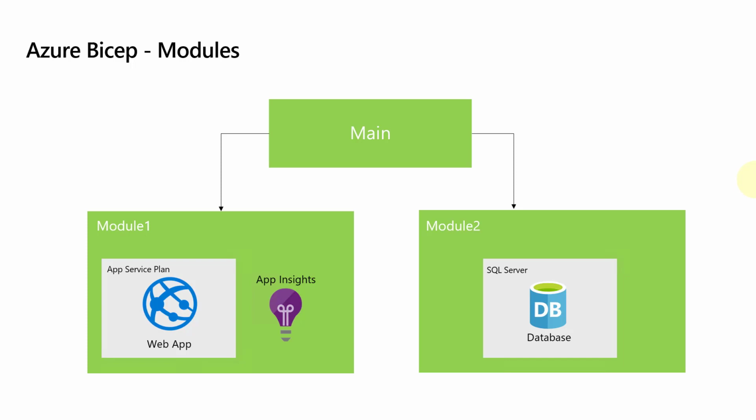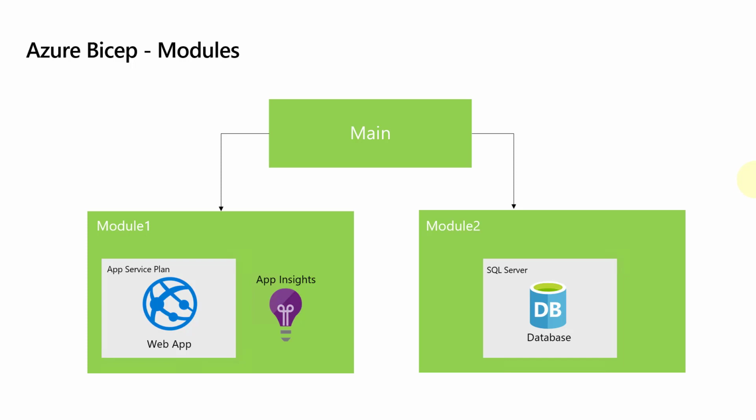So for example, module 2 is all about database, right? So the database connection string could be referred to in module 1, probably in a web application. So what main can do is gather the output of module 2 and then pass it as an input parameter to module 1.